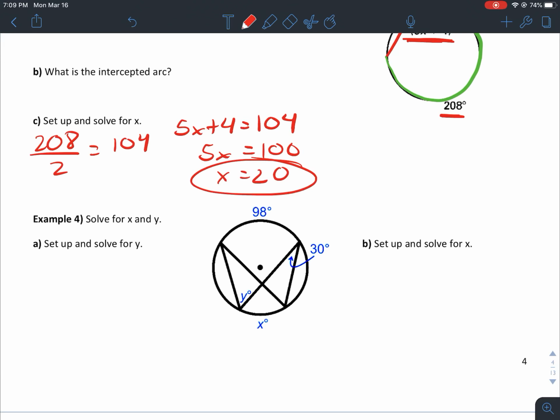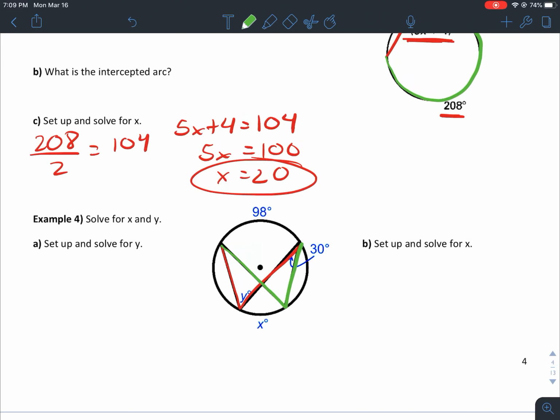Next, for our last example. Now, there's something I want you to take away here. You're going to see pictures like this on standardized tests and assessments that you're going to have in school. Here, we have 2 different inscribed angles. I'm going to highlight them in different colors.